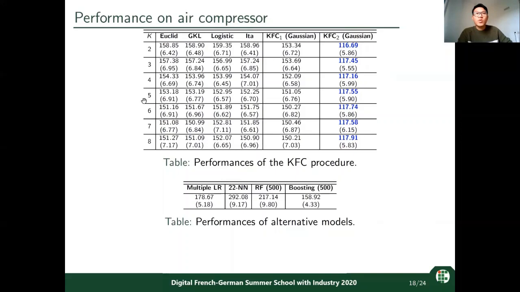As you can see, when we increase the number of K, in this first block with 4 columns, they are the candidate estimators we construct up to F step. This is with Euclidean distance, this is with GKL, logistic, and Pythagoras cycle, and they perform better and better when the number of clusters increases. Well, naturally, it should be like this.